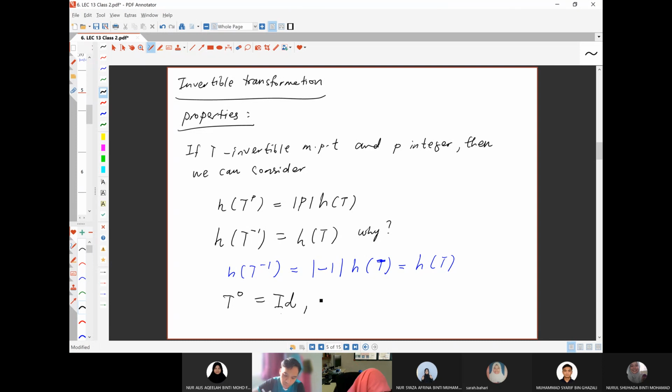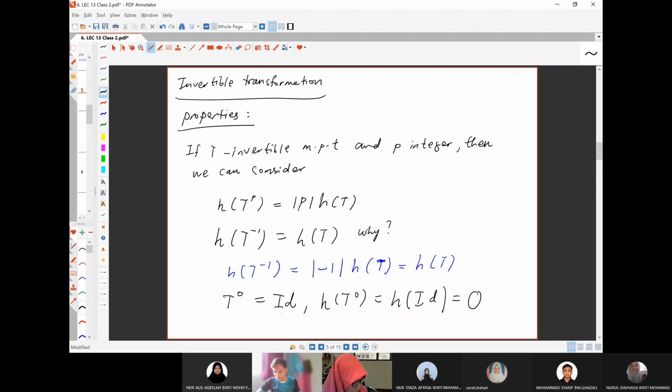So the entropy of T power 0 is, remember, identity, we will get 0.